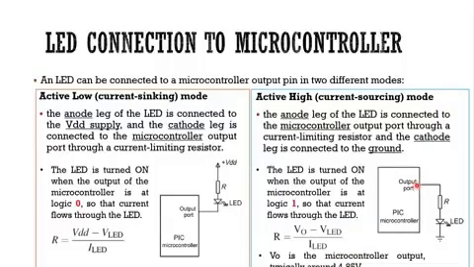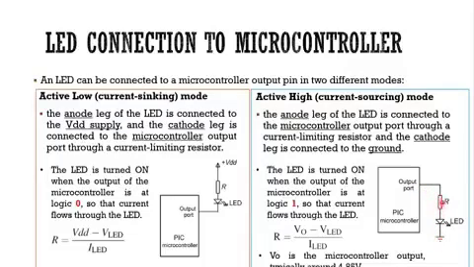If the output is 0, this means no high signal, the value is not 5 volts, so the LED will not turn on. That's why we call it active high. This means we need to give high during the program in order to turn on the LED. It is current sourcing, because current comes out from the source, which is the microcontroller, and goes to the ground.